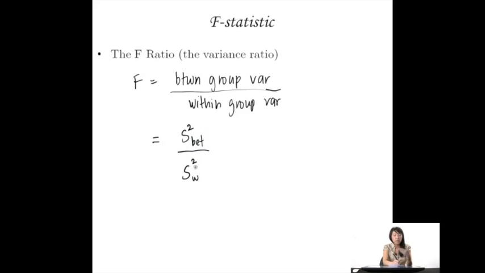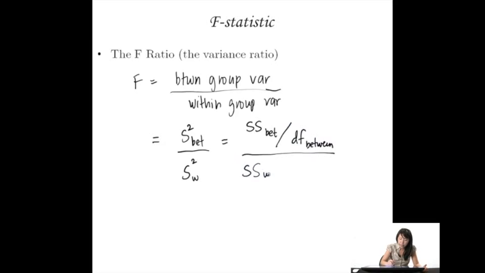But now we've refreshed what variance is about and how we can break it down in terms of sum of squares. That's what we're going to do. We're going to double click on this, and here's what we see inside: the sum of squares between divided by the degrees of freedom between, all over the sum of squares within divided by the degrees of freedom within. And this is how we're going to actually calculate our F-statistic.